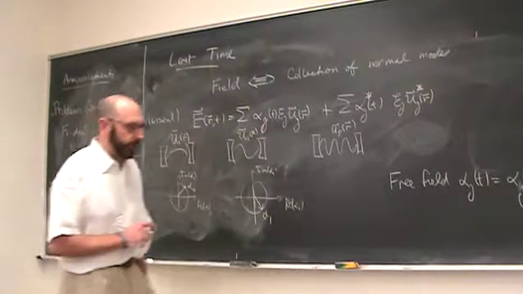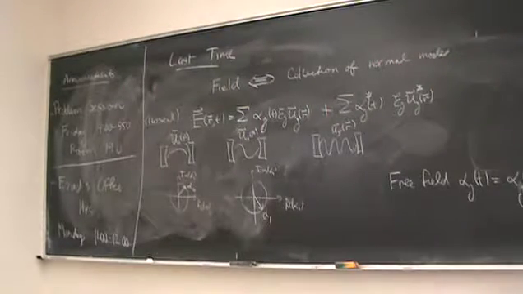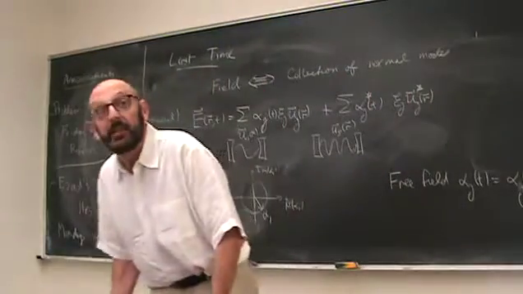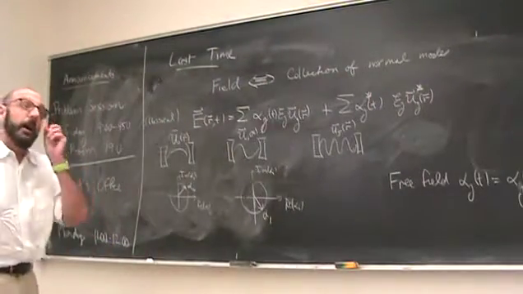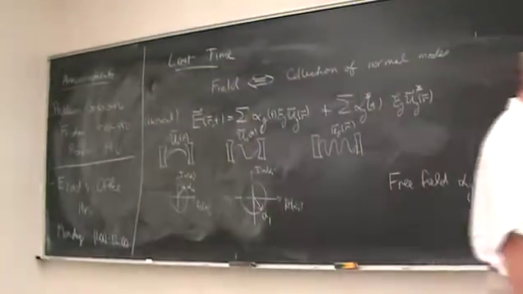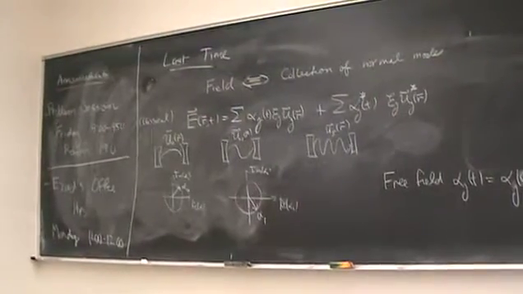So let's quickly review where we were and try to solidify some of these concepts that we're reviewing. So we're talking about the quantum electromagnetic field. So we're reminding ourselves of the very basics of how we describe the quantum field.